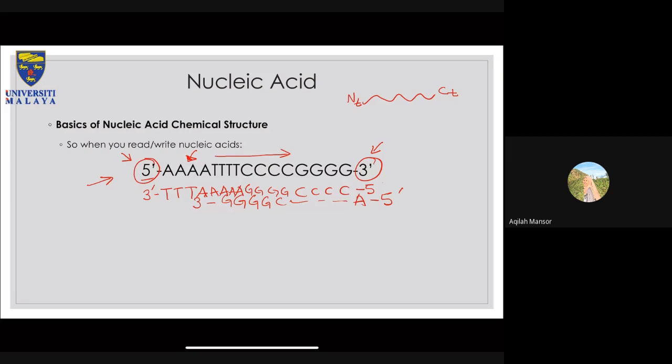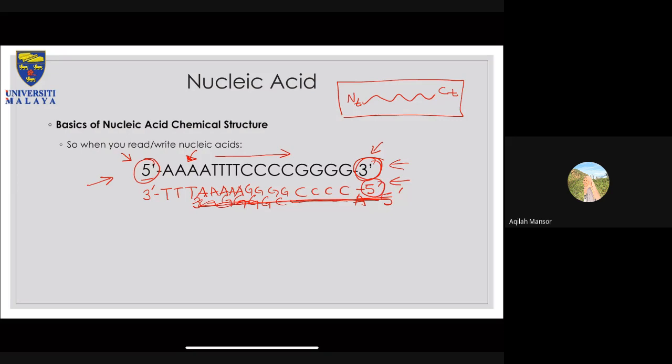So for amino acids and peptides, you always consider one thing: where is the C terminal, where is the N terminal. But for DNA and RNA molecules, depending on the situation, you might have two sequences like this, but one sequence will have a 3' end, the other sequence will have a 5' end.